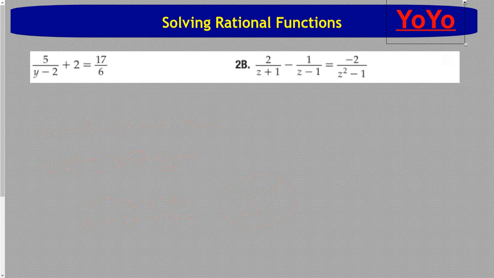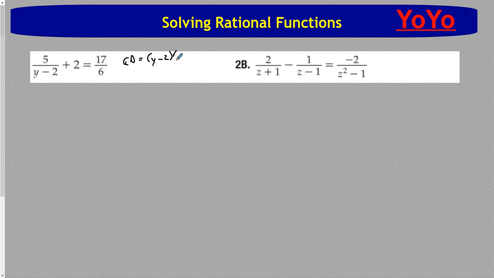Okay, really hoping you guys paused and actually tried these instead of just continued watching, but here we go. My common denominator here is going to have a y minus 2. This is over 1, so that we don't have to worry about, and a 6, right? So when I multiply through, the y minus 2 goes away. I get 5 times 6, which is 30. Plus 2 is going to get the entire denominator because there's nothing for it.